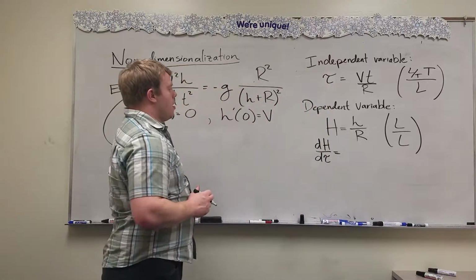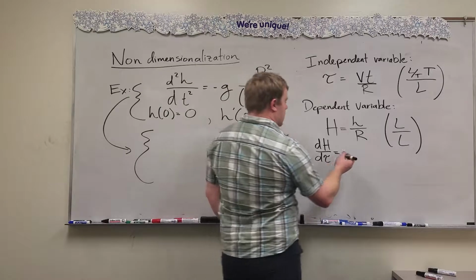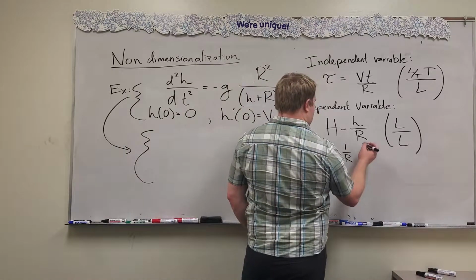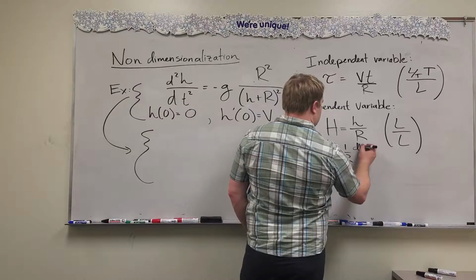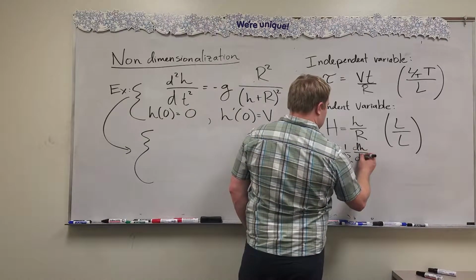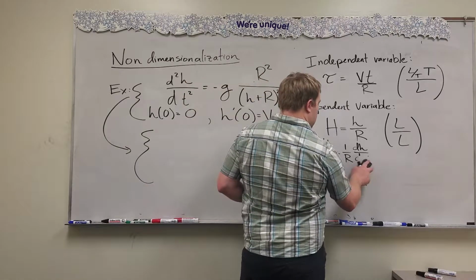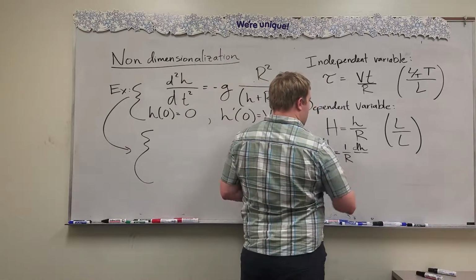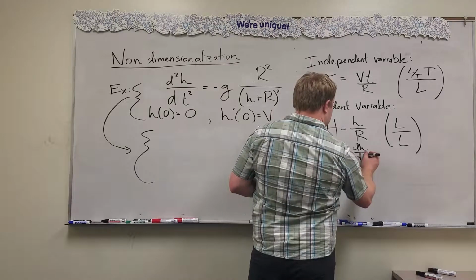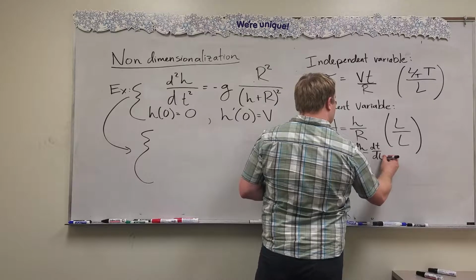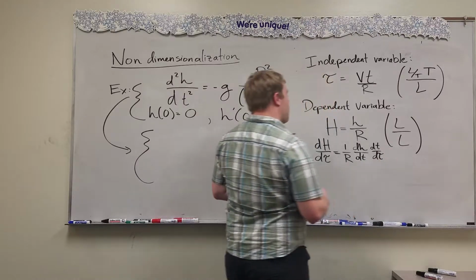Of course I'm going to get a 1 over r times dh d tau, but I can rewrite dh d tau as dh dt times dt d tau, thanks to the chain rule.